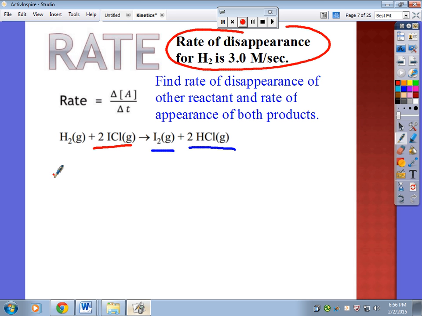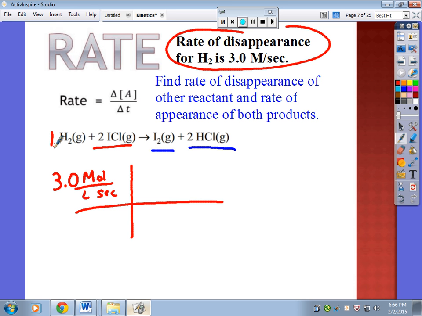Well, I know that my hydrogen is disappearing at a rate of this many moles per liter per second. Okay? And I'm going to go ahead and use my stoichiometry. So here's a time when I can look at my coefficients. For every 1 mole of hydrogen that disappears, I make 2 moles of ICl.